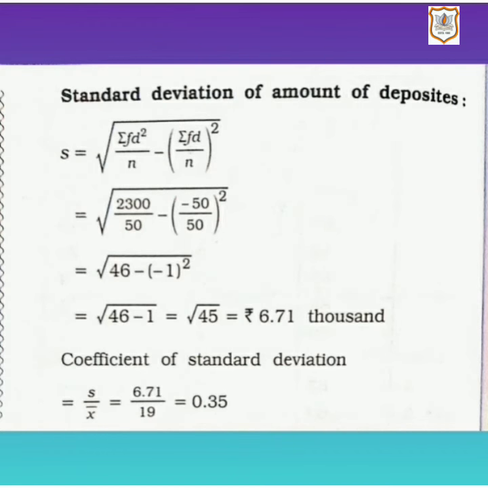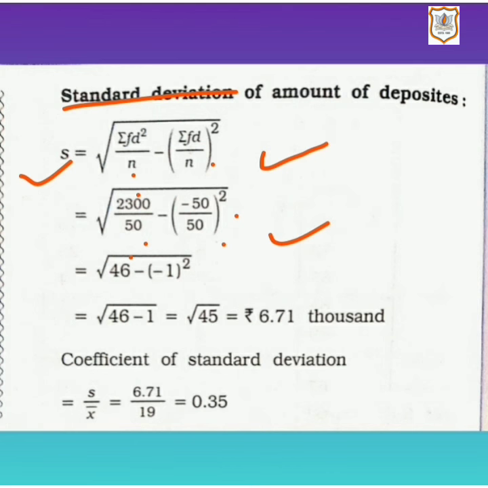And now we are going to find standard deviation. The formula for standard deviation is S equals the square root of sigma fd square upon n minus the whole square of sigma fd upon n. So now we put the values. Sigma fd square was 2300, n is 50, so 2300 divided by 50 minus sigma fd was minus 50 and n was 50, so 50 upon 50 the whole square.